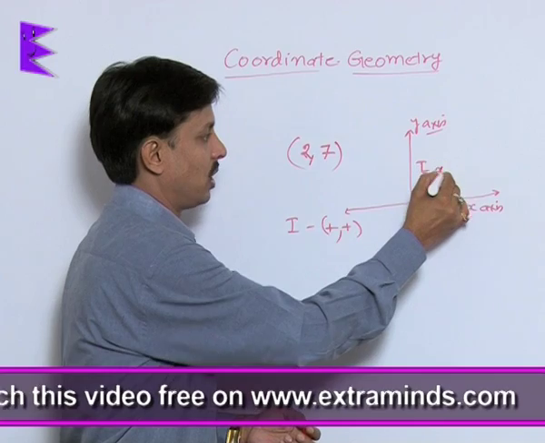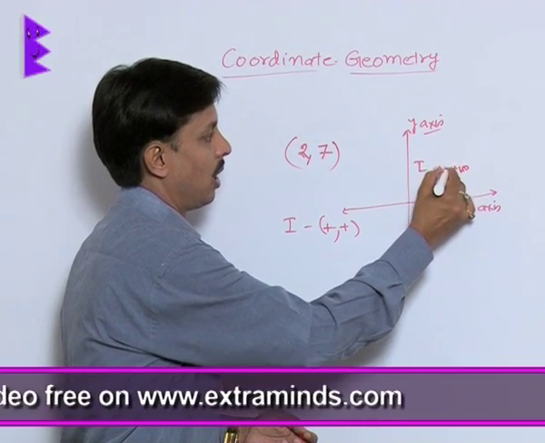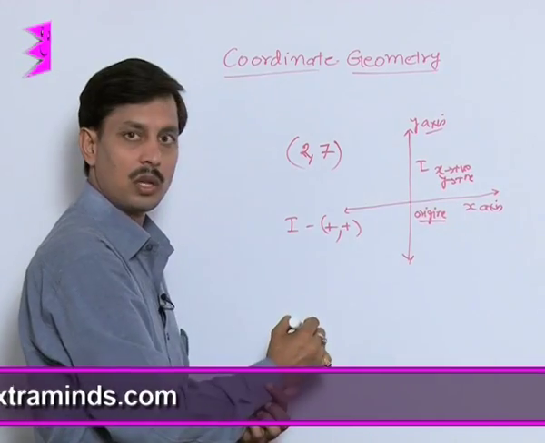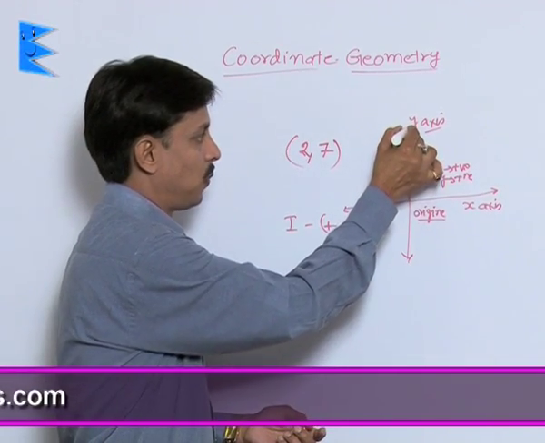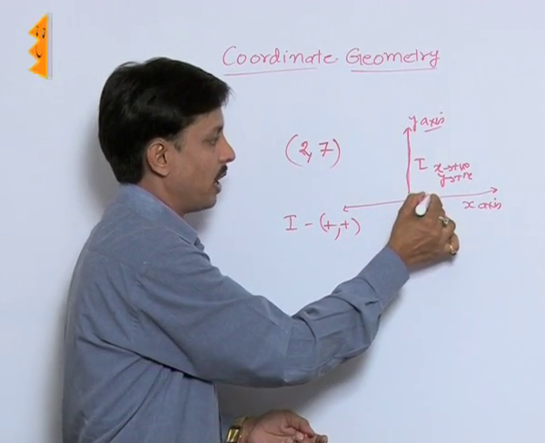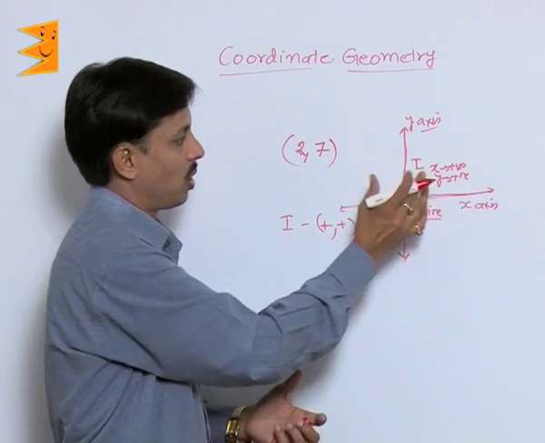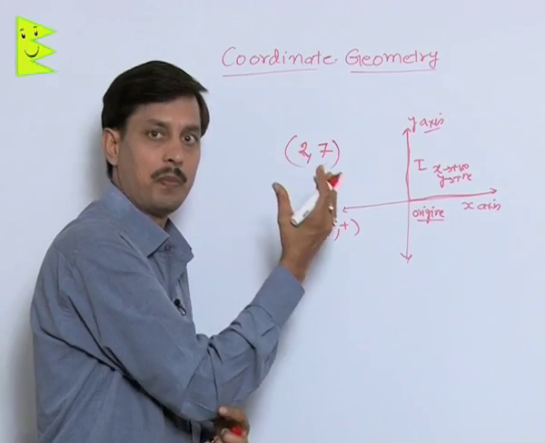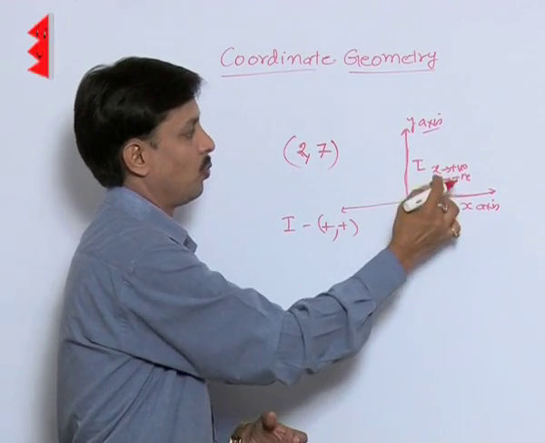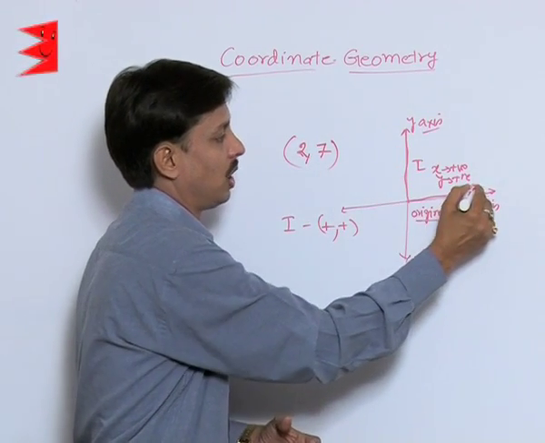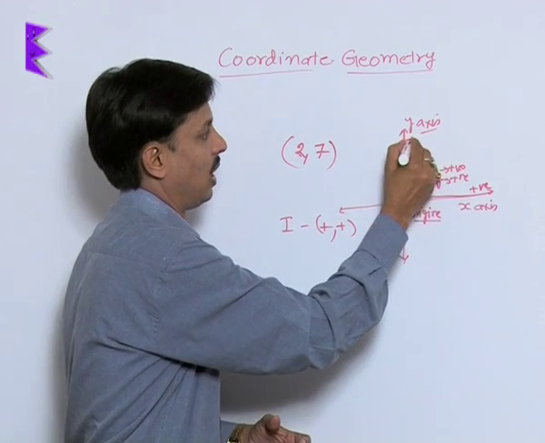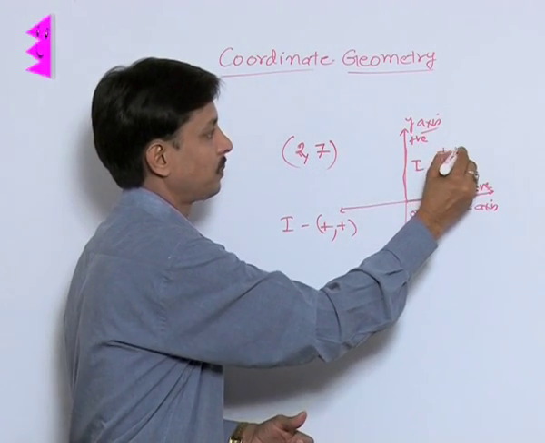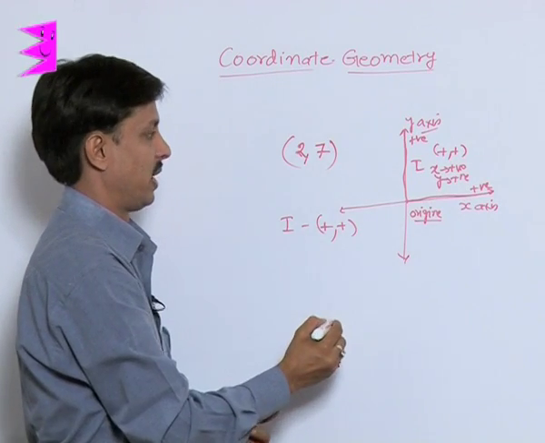Here x is positive and y is also positive. The reason is that the first quadrant is the zone, the portion of the plane made by positive x as well as positive y. Positive x and positive y, first quadrant.